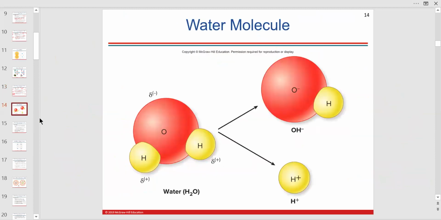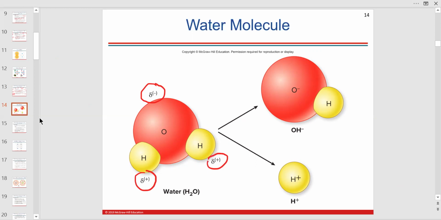Here's water. I like the way I drew it better. So the oxygen is the big fat guy, and the hydrogens are the little yellow dudes, right? Oxygen tends to be the little omega, electronegative, and hydrogen is more electropositive. So it has a polar covalent bond.